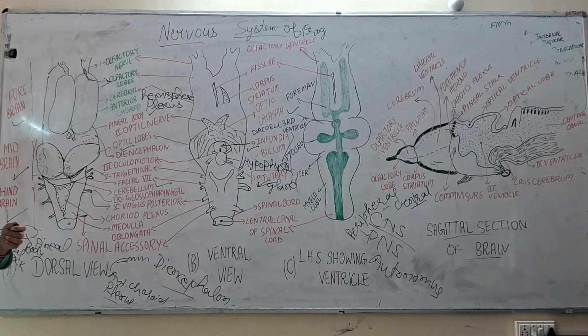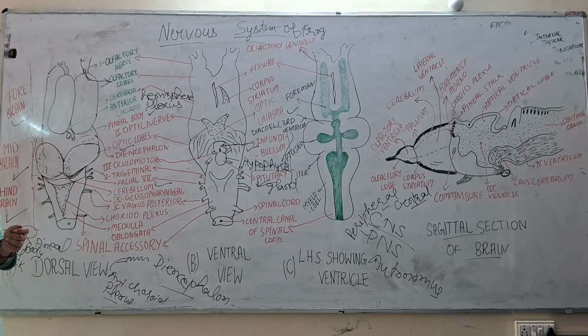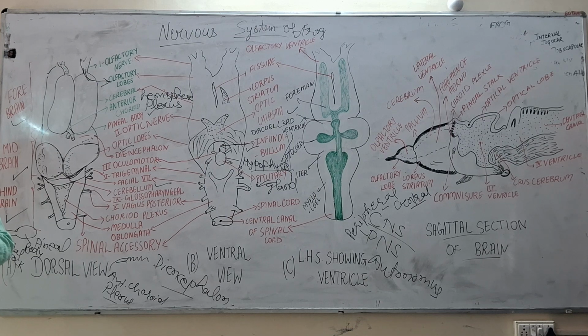From the continuation of brain there arises a lobe like structure on the upper side, toward the roof, that is called the cerebellum. And what is its function? Its function is to maintain the equilibrium.